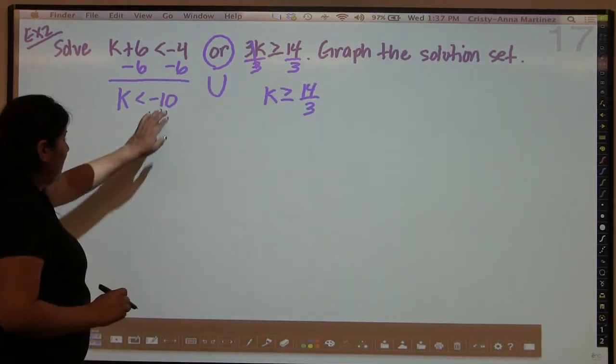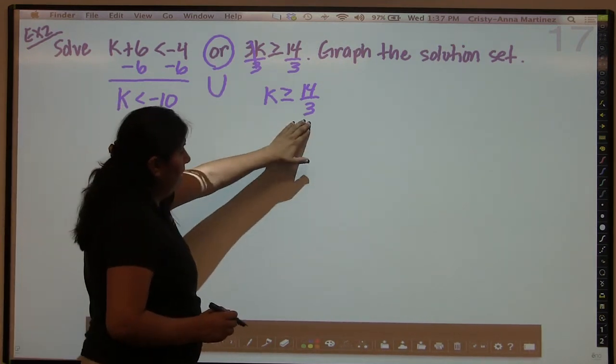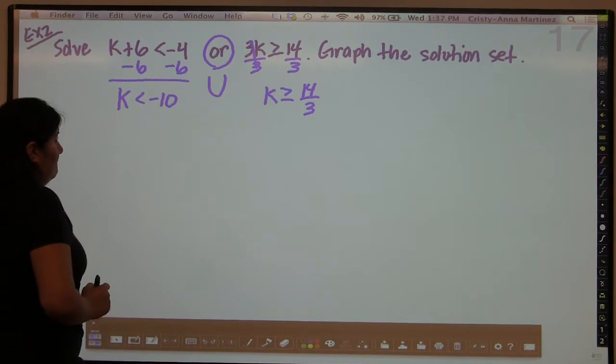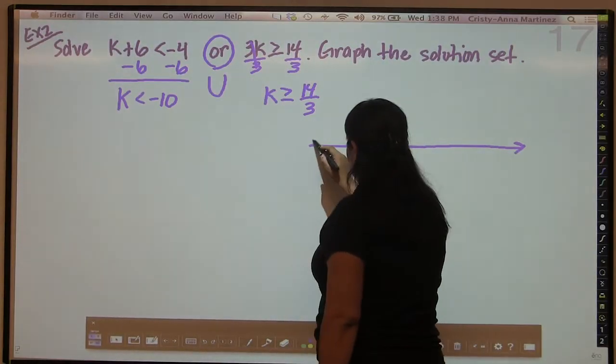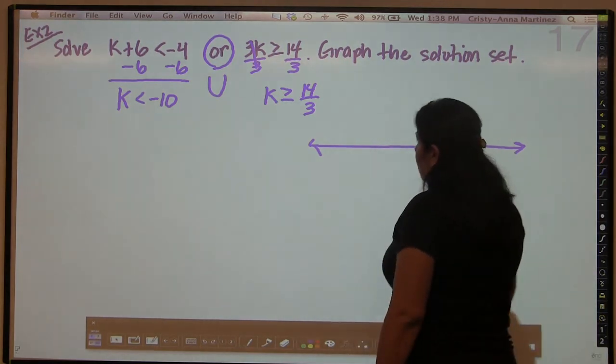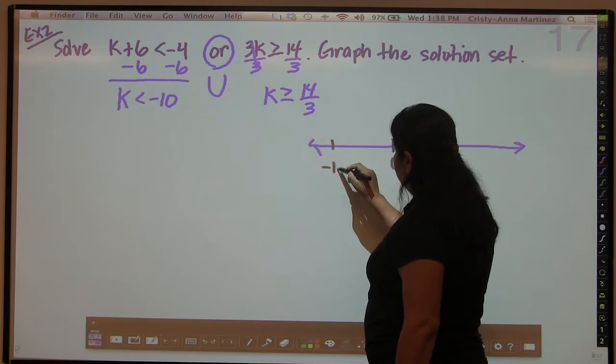Now, we know that any negative number is going to be smaller than a positive number. But when we graph this solution set, I just want to show you the difference of what's happening. We have a 0 here, and then negative 10 perhaps is here.